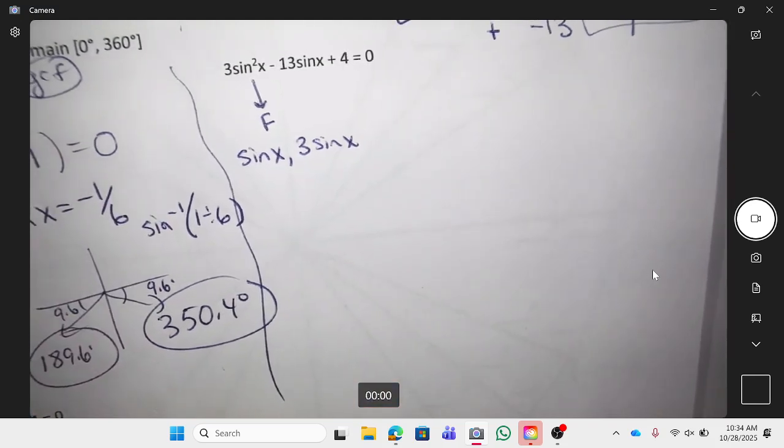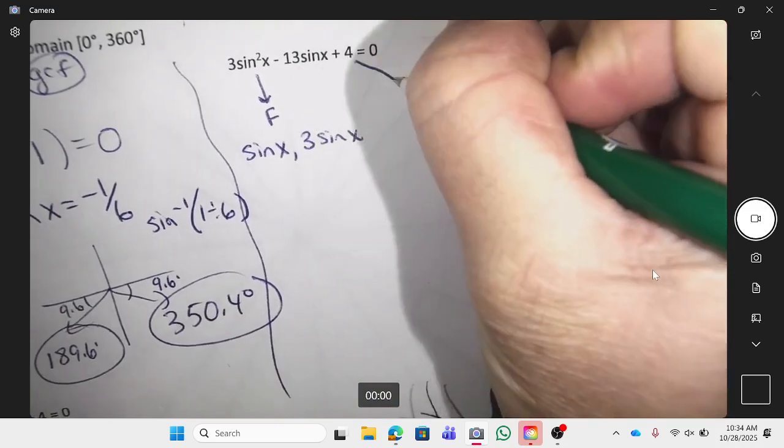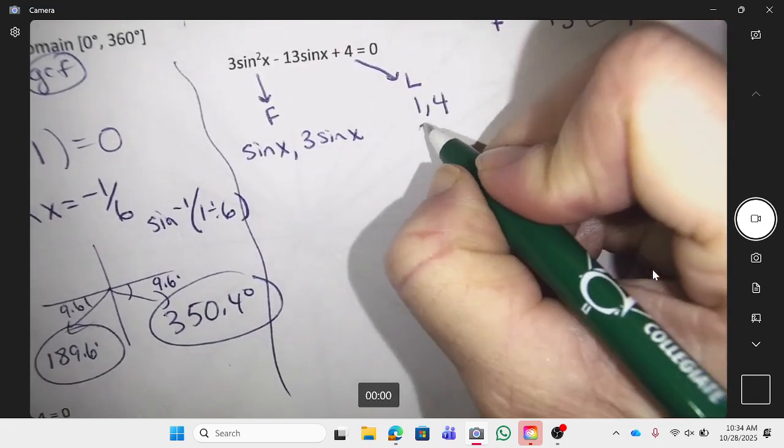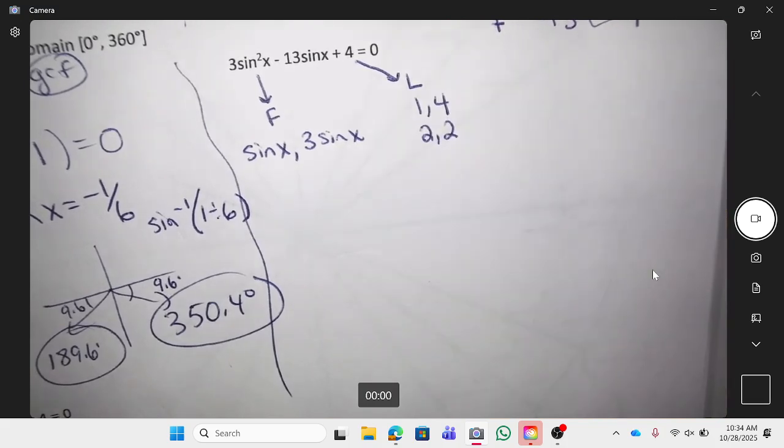That's the only way, right? L, you could have 1, 4, or you could have 2, 2. Okay, so our sets that connect have to make a 12 and a 1. So what are your connectors here to make a 12 and a 1?